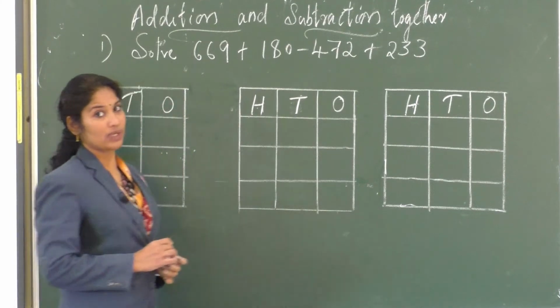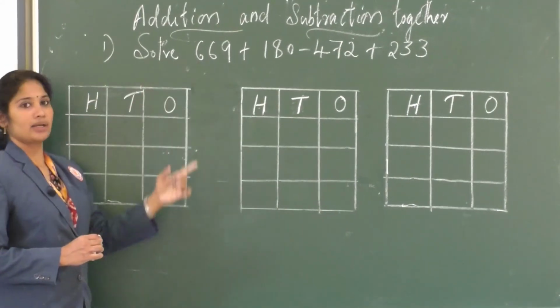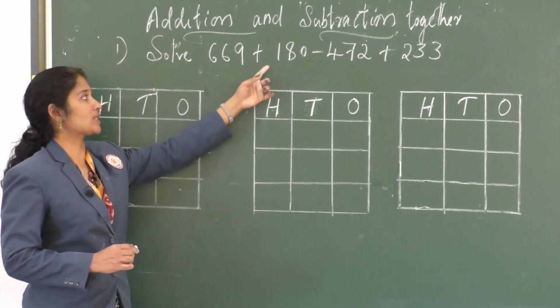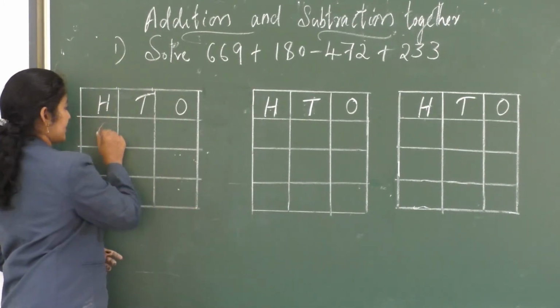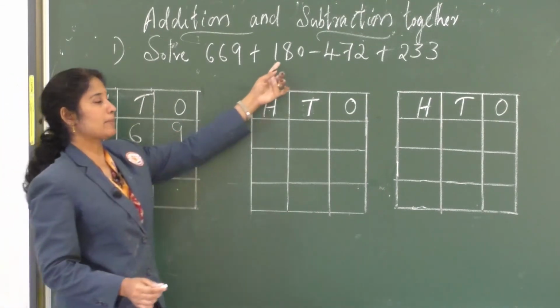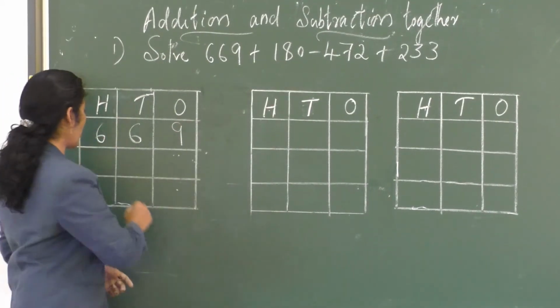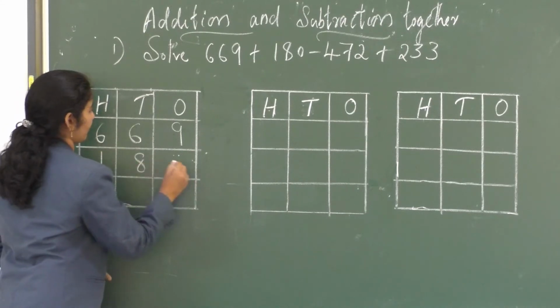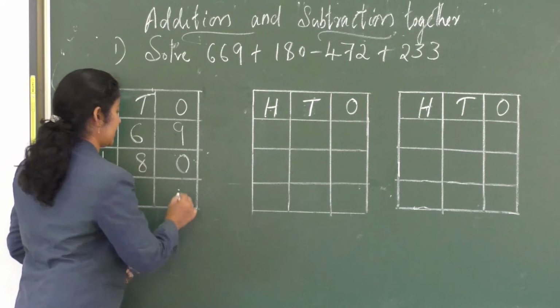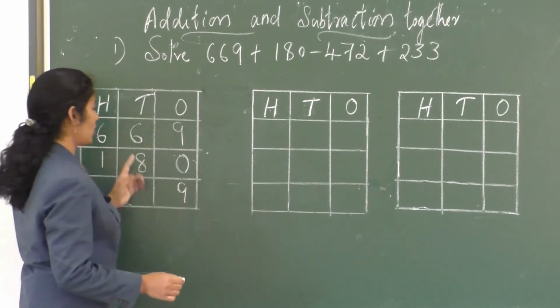Children, first we have to add. What is the first number? Yes, 669. We can write. What is next number? Yes, 180. What is 9 plus 0? Yes, 9.